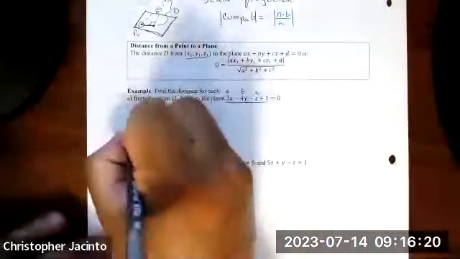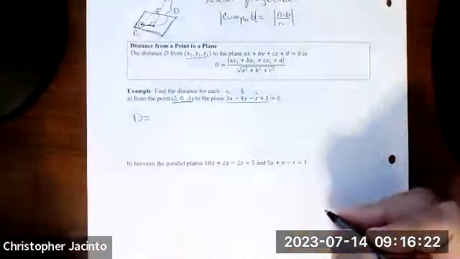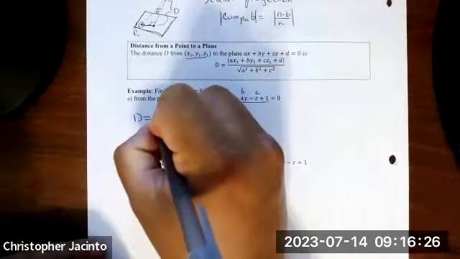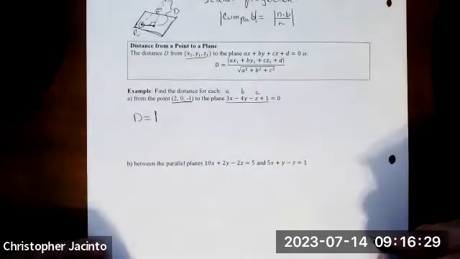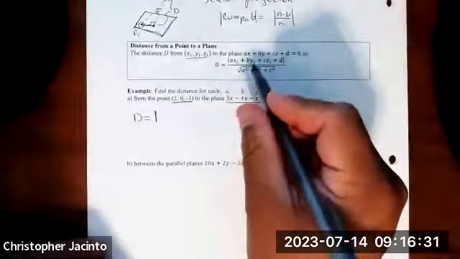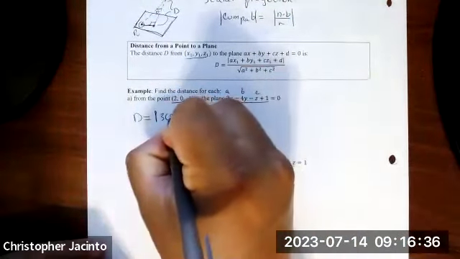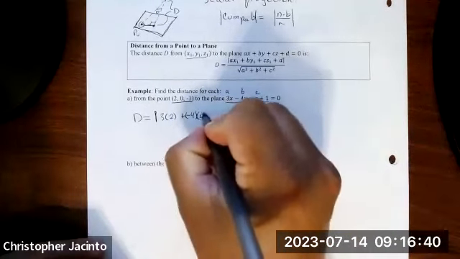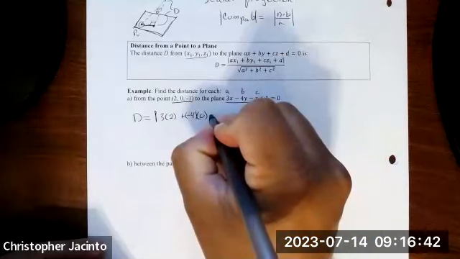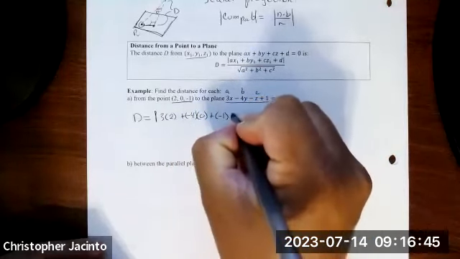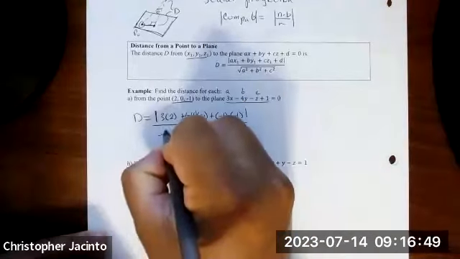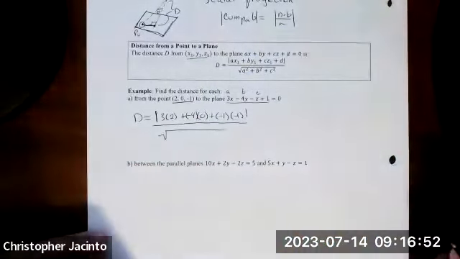So now plugging everything in, the distance between that point and the plane is going to be the absolute value, or the length, of A times x, so 3 times 2 plus -4 times 0 plus -1 times -1, all over the square root of the normal vector, right?